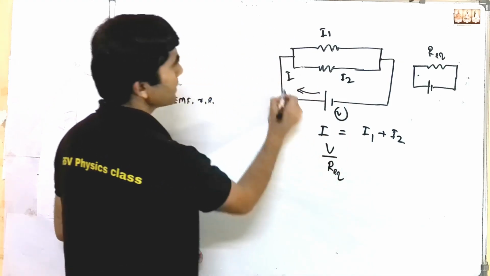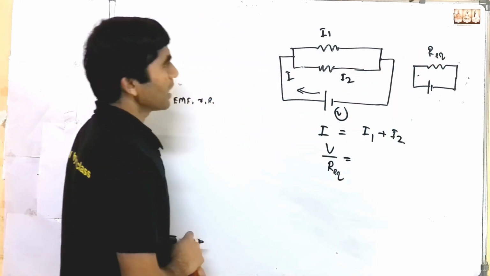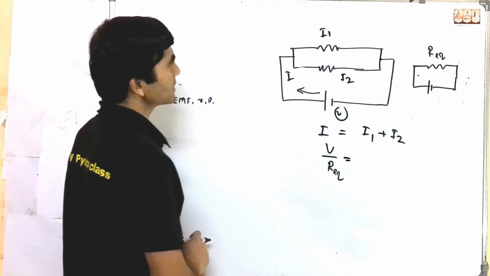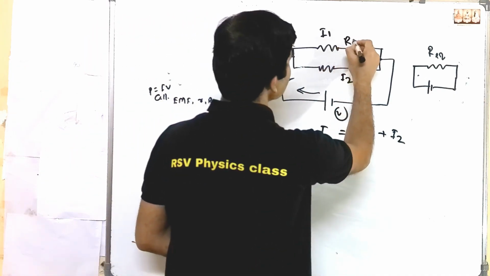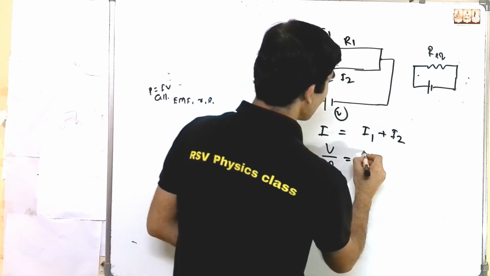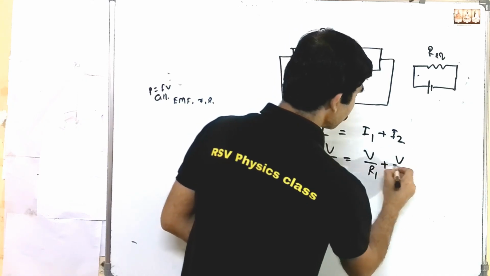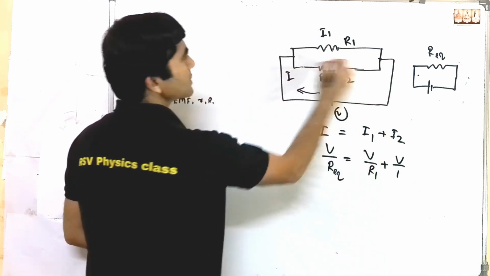And I1 is through resistance R1 and I2 is through resistance R2. So I1 is voltage V over R1 and I2 is the same voltage V over R2.